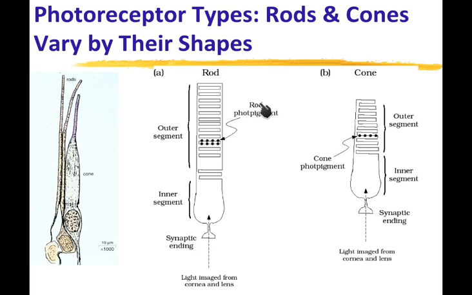As it absorbs a photon, it changes its shape, and when it changes its shape, it changes its electrical charge, and then it generates an electrical current in the synaptic ending. So these are not neurons, they don't generate action potentials, but they change their membrane potential and send an electrical signal to the next layer of horizontal and bipolar cells.